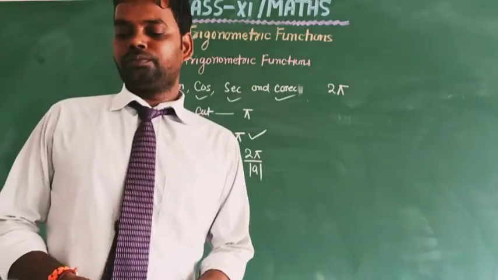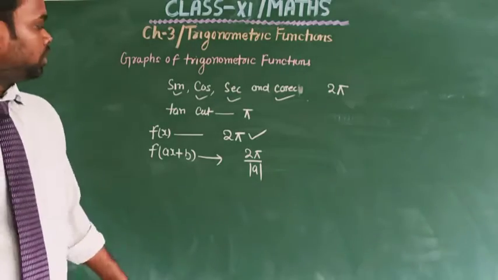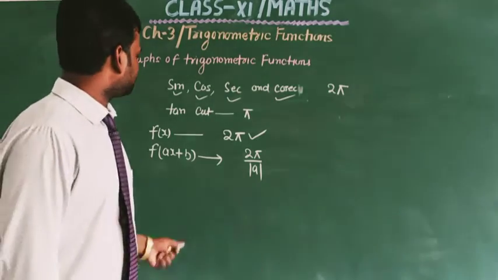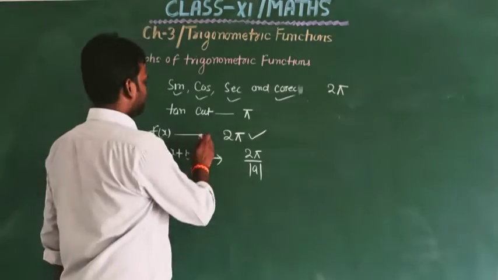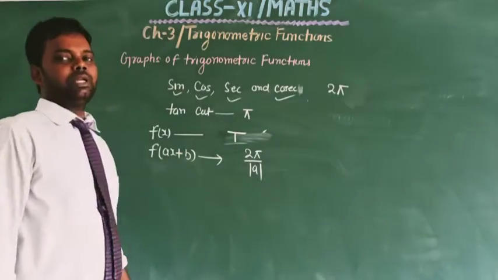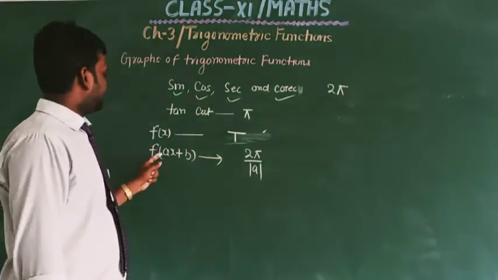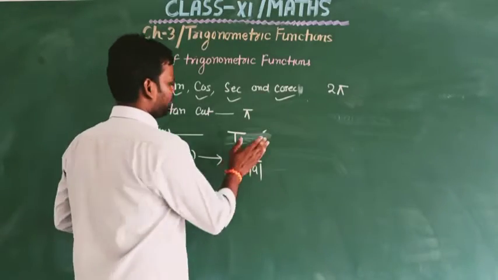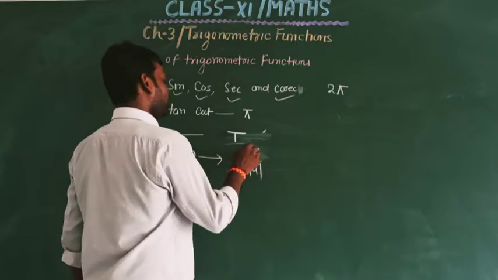Okay, so here f(x) is a periodic function with period not 2 pi but T. Suppose f(x) is a periodic function with period T, then f(ax plus b) is also a periodic function with period T upon a.